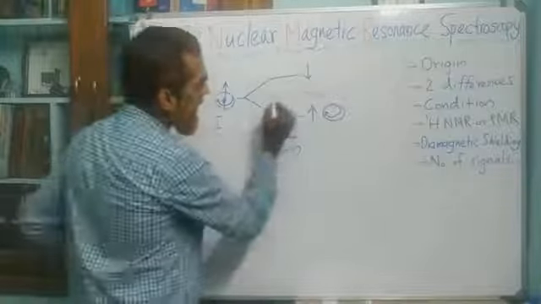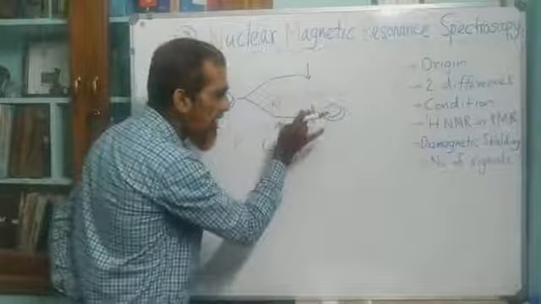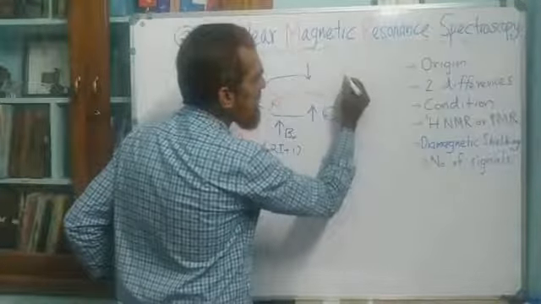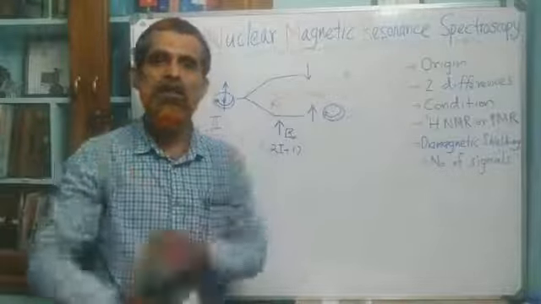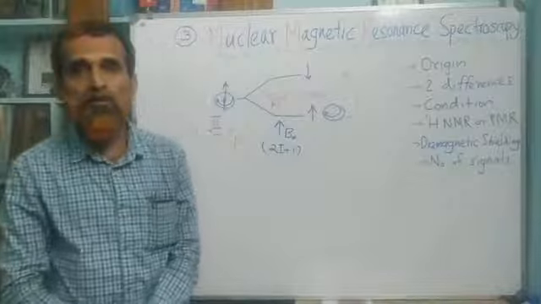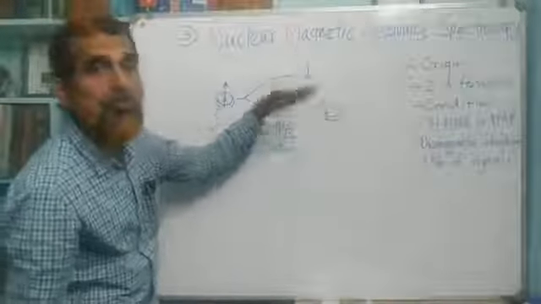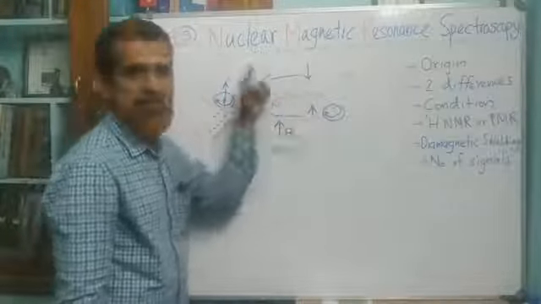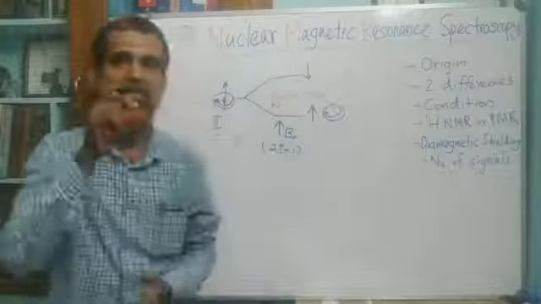So when a radio frequency wave is sent to such a nucleus, it will undergo transition from lower state to higher state. This is what NMR is. So what is NMR spectroscopy? It involves transition induced. Why do we say induced? Because for this energy separation to take place, we have kept an applied magnetic field.